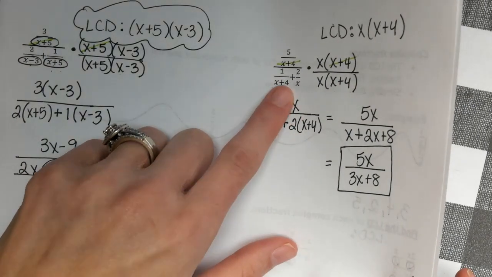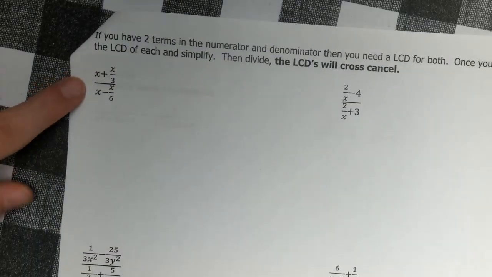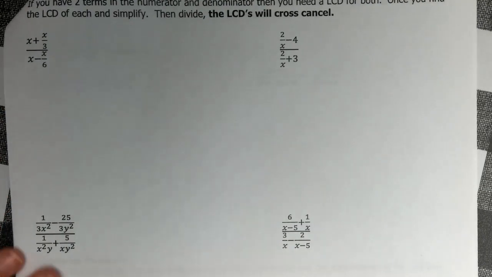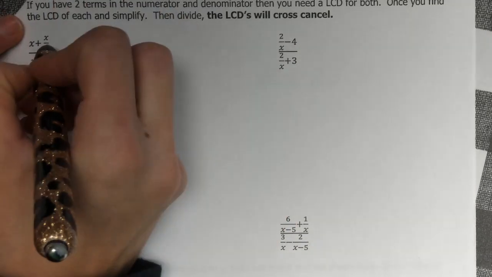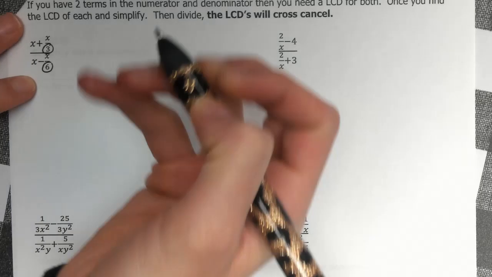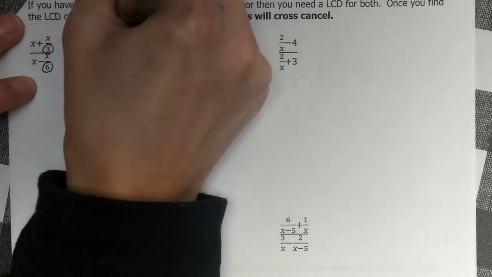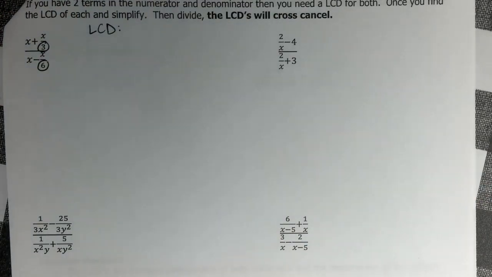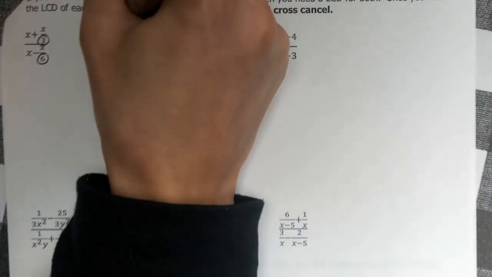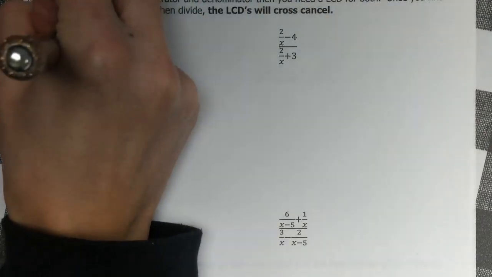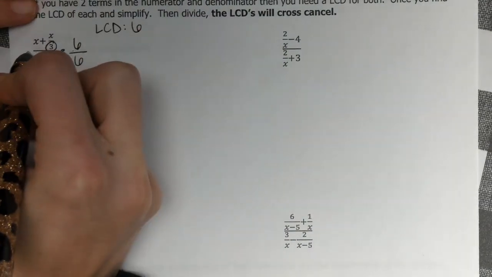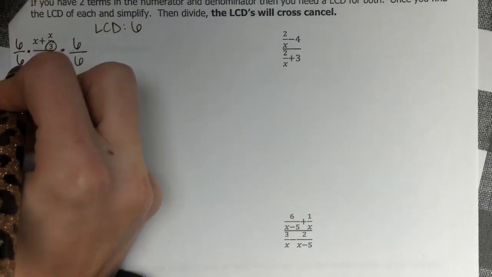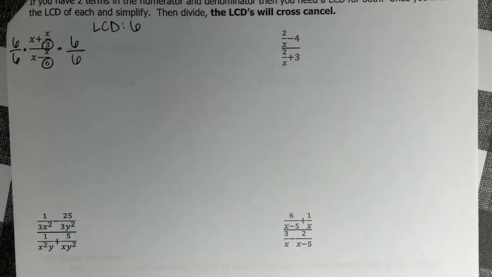So how we were doing the bottom when we had 2, now you just do that with the top also. Okay? So I've got x plus x over 3 over x minus 6. I'm still only looking at my denominators. So if I'm looking at just my denominators, 3 and 6, what's my LCD? 6. If it helps you to write it over on the left so you can see it, then you can.